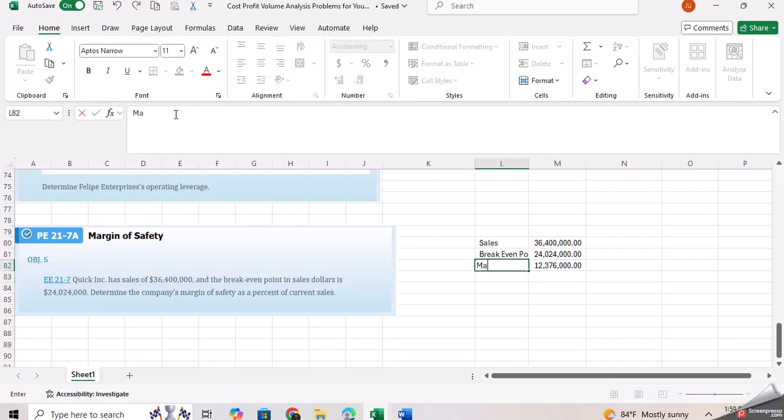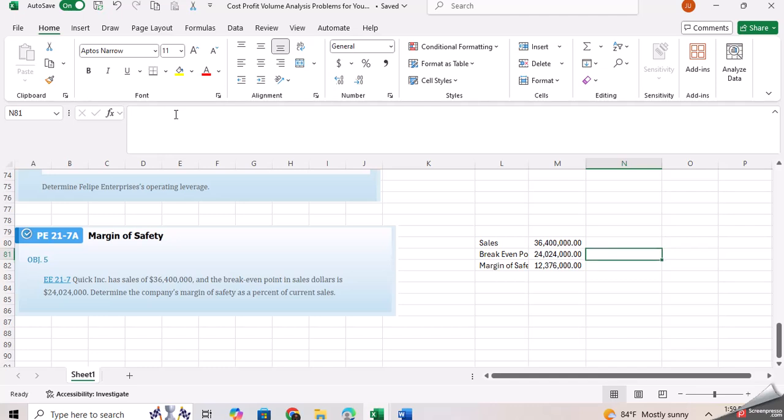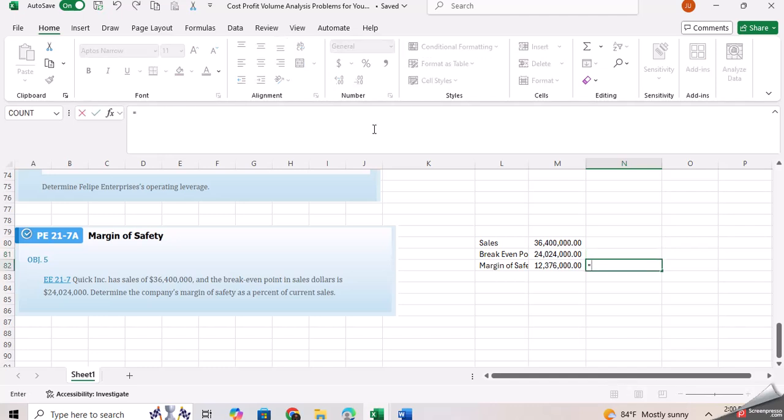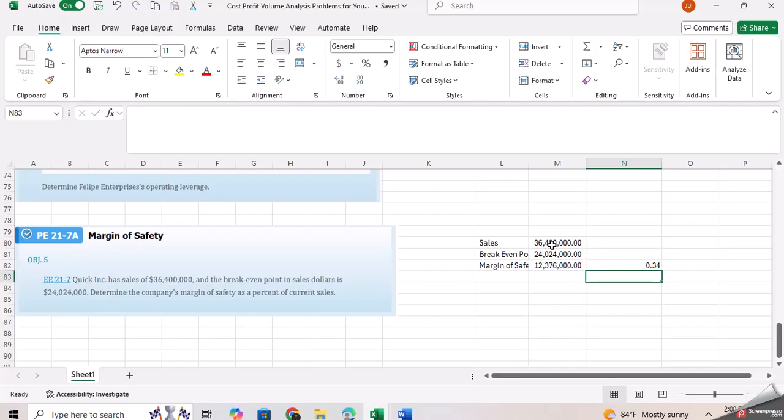So that's our margin of safety. And then we take our margin of safety, and then we're going to divide that number by our sales, and that is going to give us a percent. So then our margin of safety percent is 34%.